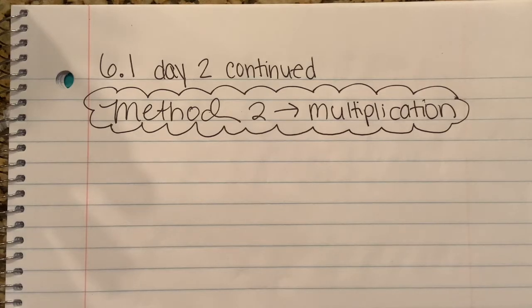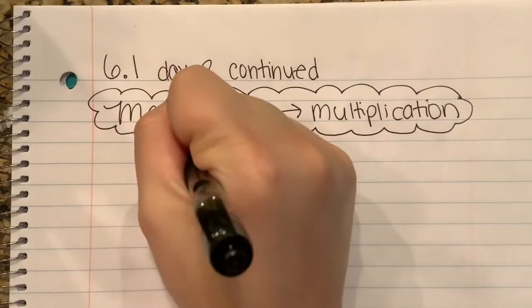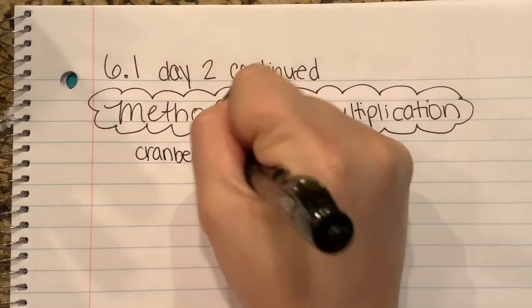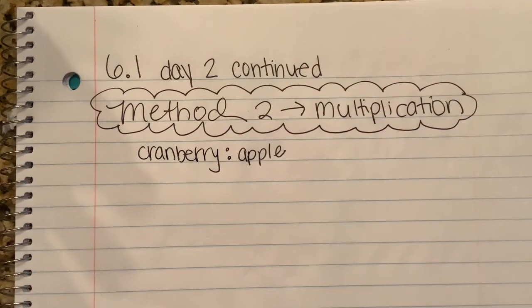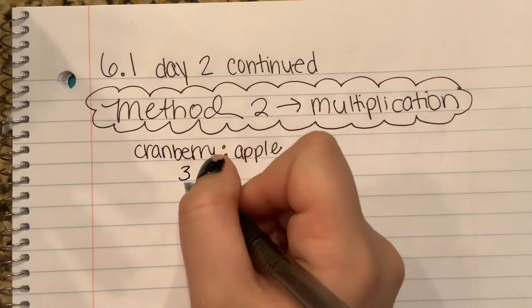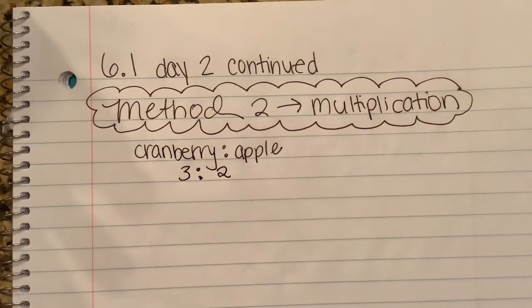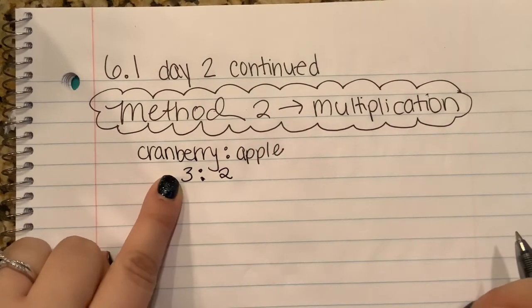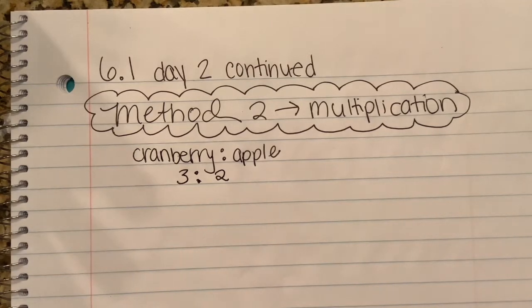Now we know that our original ratio, we had cranberry to apple, and it's always beneficial to write that down in word form because we need to make sure that we have our numbers lined up. Remember, we had 3 cups cranberry juice and we had 2 cups of apple juice. So my cranberry juice cups are underneath the word cranberry, and same thing for apple. My 2 is underneath the word apple.